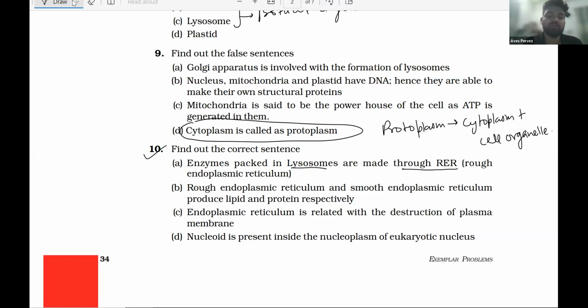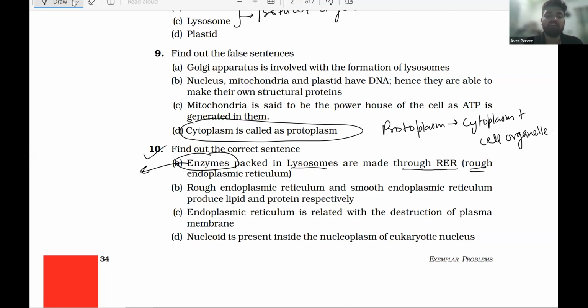I have taught you that enzymes are made up of protein, and protein is synthesized by the rough endoplasmic reticulum. Why rough? Because the rough endoplasmic reticulum contains ribosomes over it. So enzymes are packed in lysosomes and made through rough ER. It is correct.